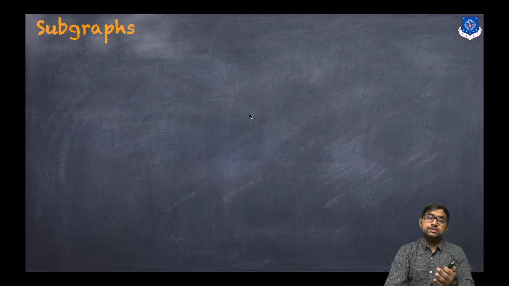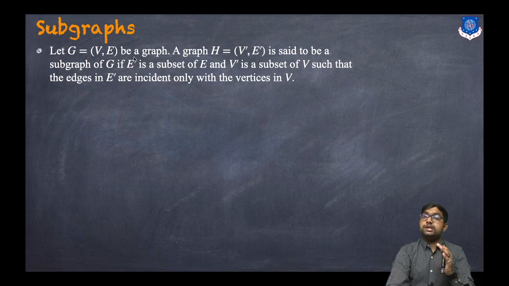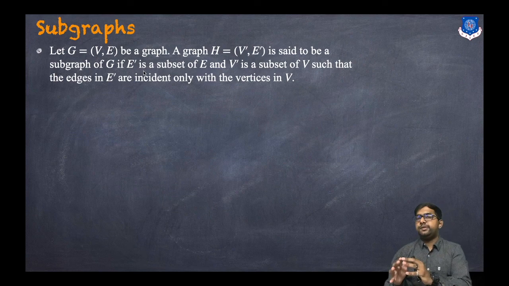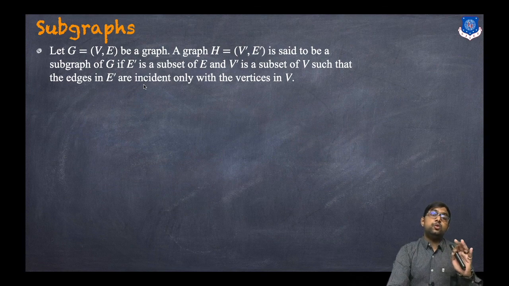Now let us discuss what is a subgraph. Let G equals (V, E) be a graph. A graph H, another graph (V dash, E dash), is said to be a subgraph of G if E dash is a subset of E and V dash is a subset of V, such that the edges in E dash are incident only with the vertices in V dash.